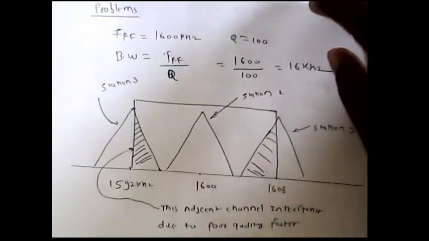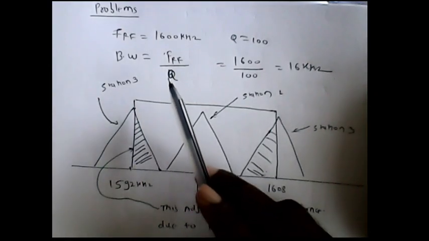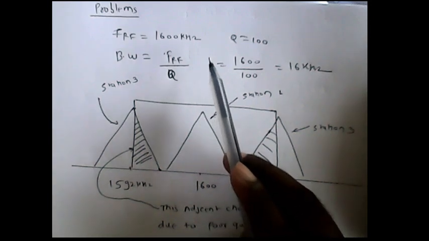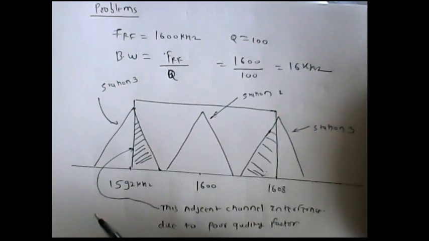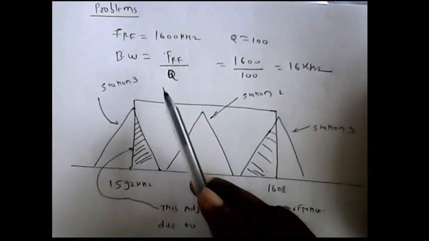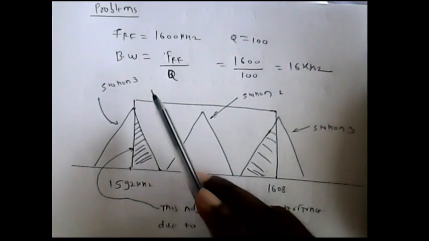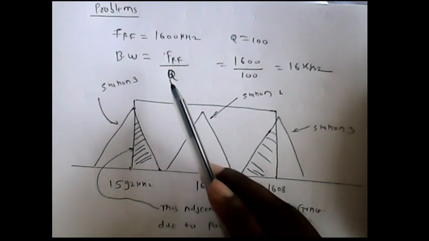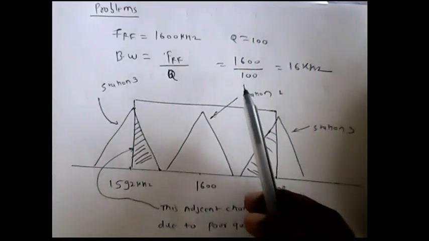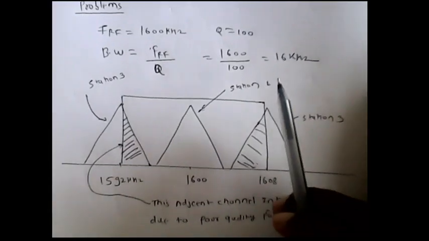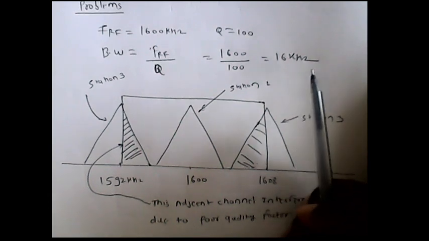Suppose there is an operating frequency of 1600 kHz and the quality factor is 100. Bandwidth is nothing but the radio frequency divided by the quality factor. So the radio frequency is 1600 and the quality factor is 100, so the bandwidth is 16 kHz.